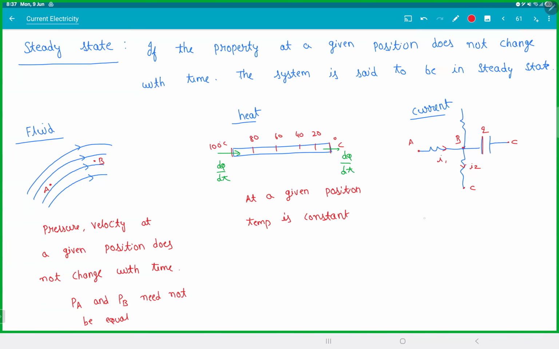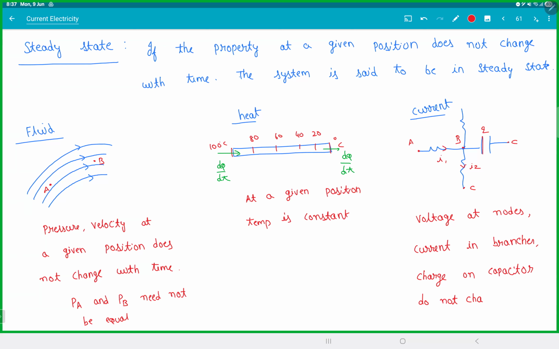So in circuits, we say the voltage at the nodes and the current in the branches do not change with time. Obviously if the voltage is constant, then the current in the branches has to be constant. If the current is constant, then the charge on the capacitor also should not change, because if the charge on the capacitor changes, then the voltage will change.